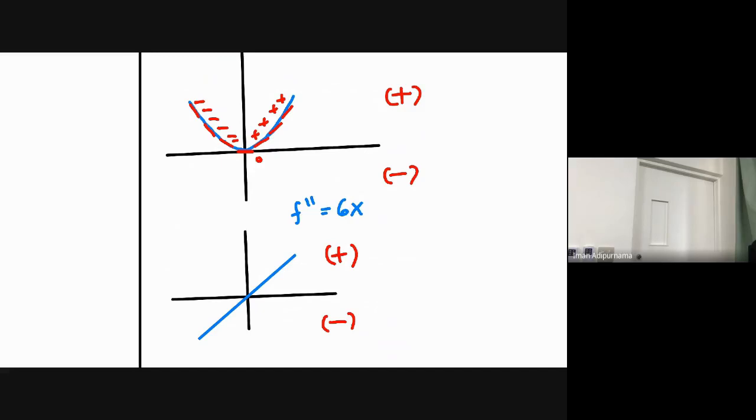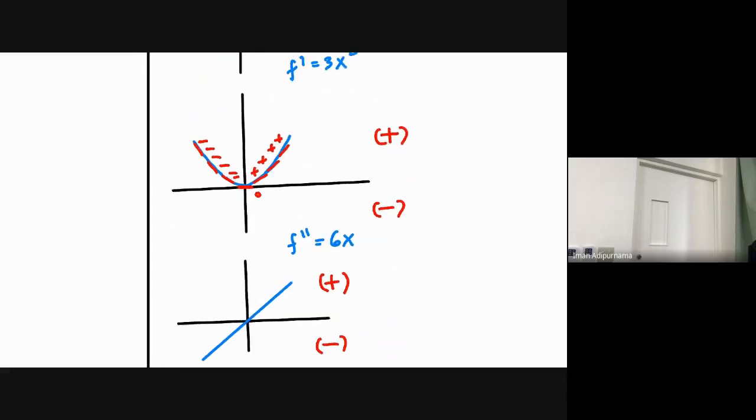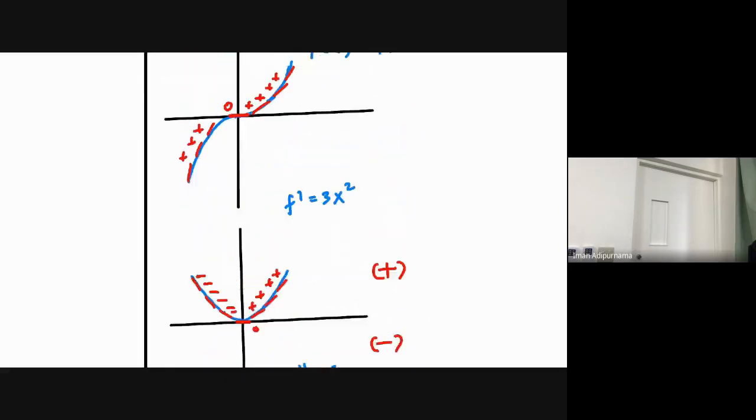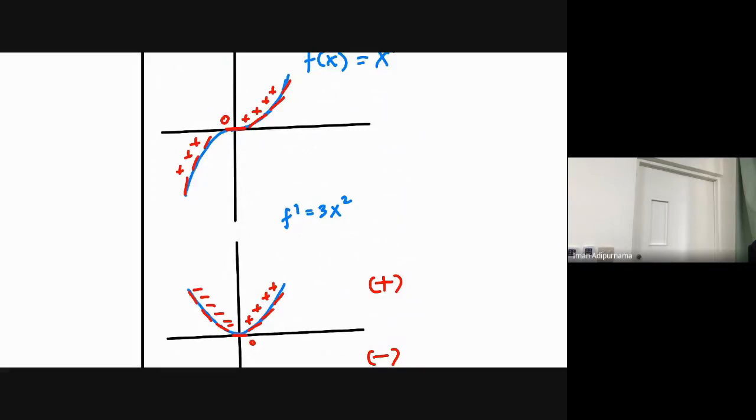Now back to our original function. I said before that where f prime is 0, we can say it's a critical point, but we cannot say whether it's a max or min, right?